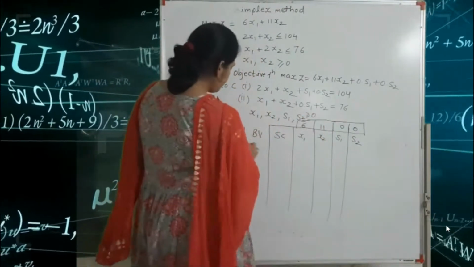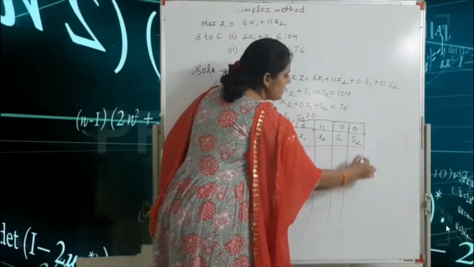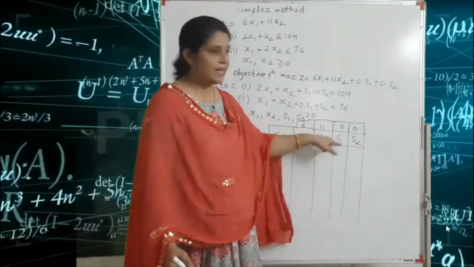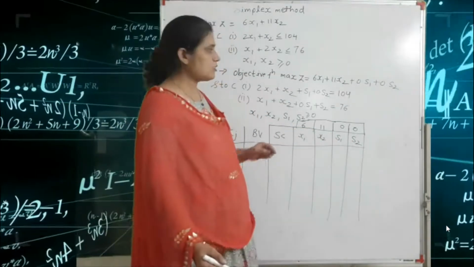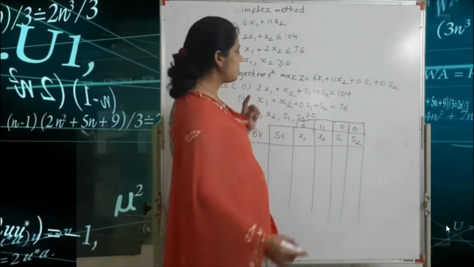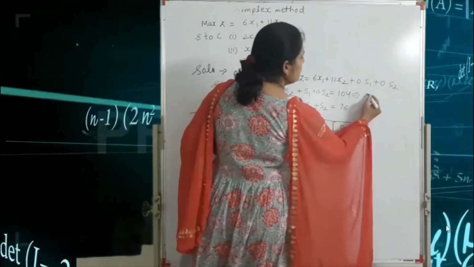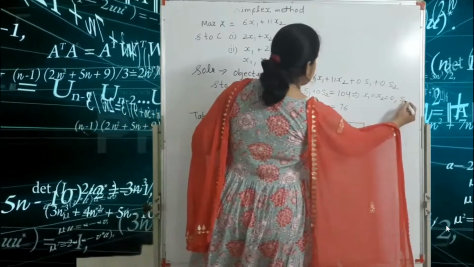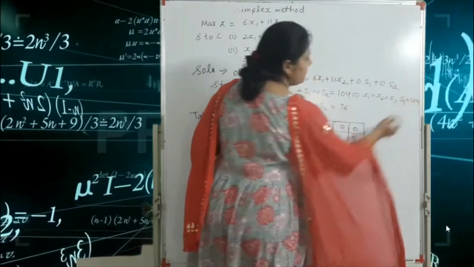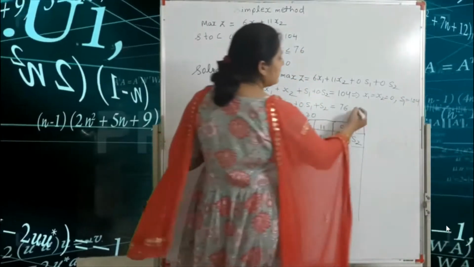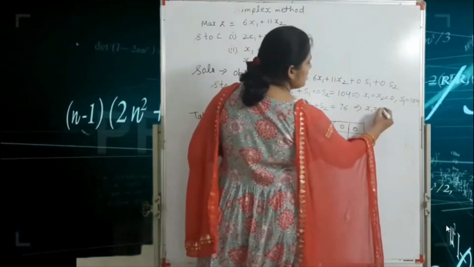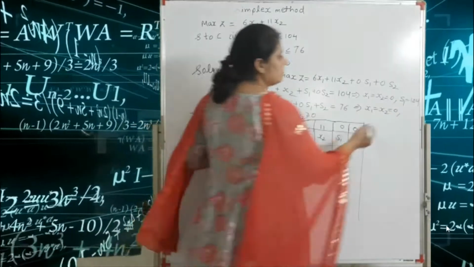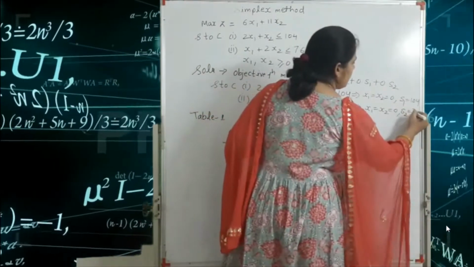Next, write the basic variable. The basic variable is s1, s2. We write according to this value, because if x1 is equal to x2 is equal to 0, then we get s1 is equal to 104, a positive value, and in the second equation s2 is equal to 76.